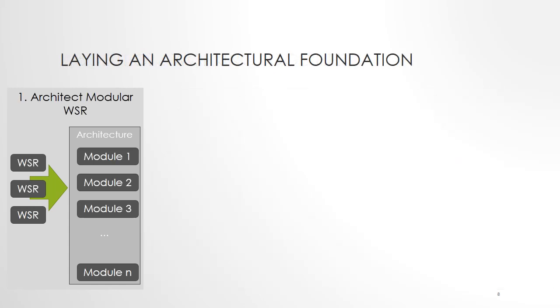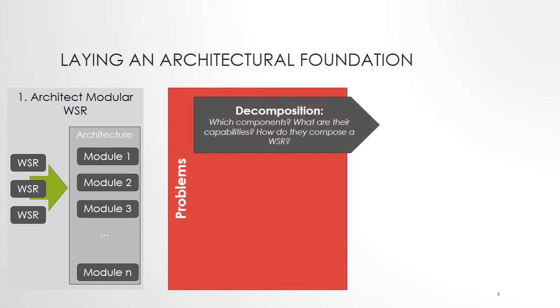In this article, we address the first step of the process, designing a modular architecture for web sensor retrieval systems. In designing this architecture, we face 3 problems. The first problem is defining a set of components that are general enough to model different classes of web sensor retrieval systems, yet specific enough for researchers and developers.